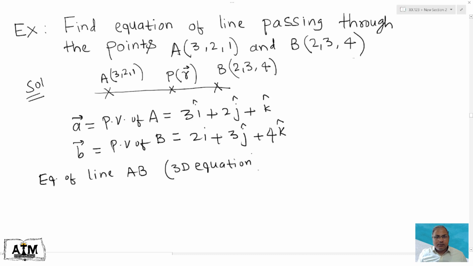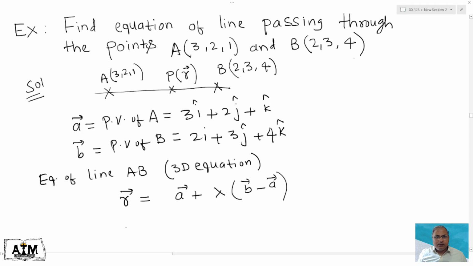The 3D equation of line AB is given by vector R equals vector A plus lambda multiplied by vector B minus vector A. Lambda is any scalar multiple.